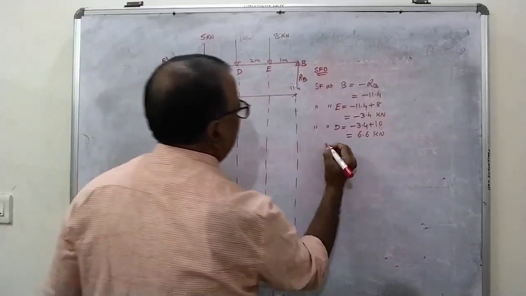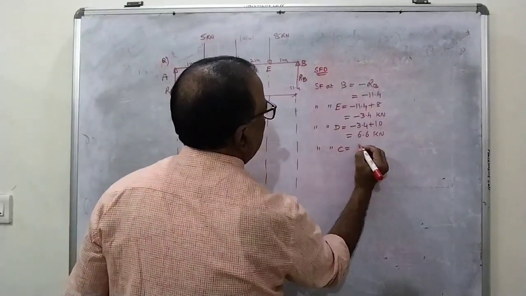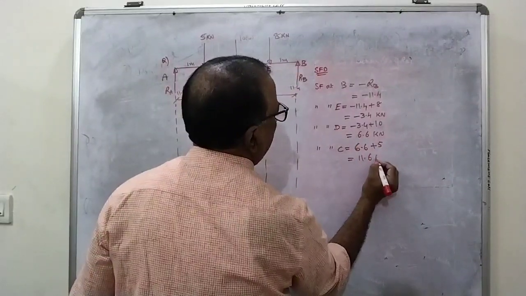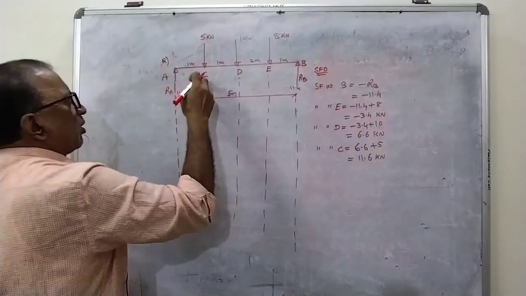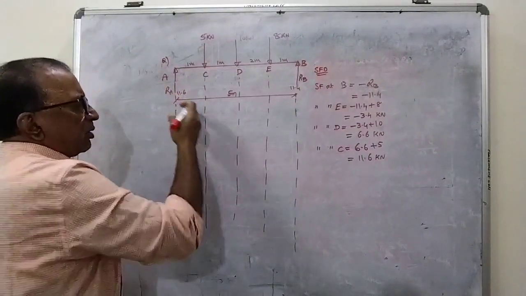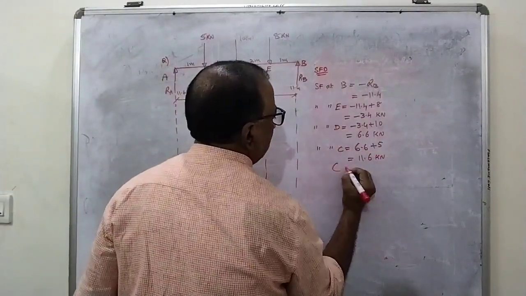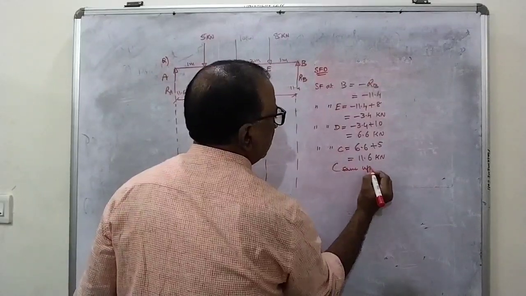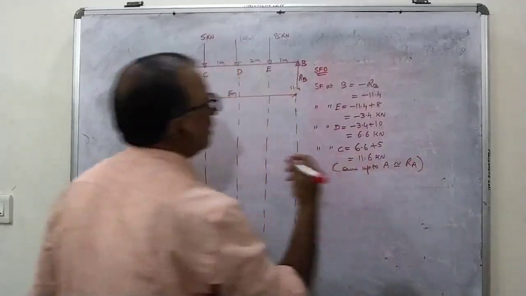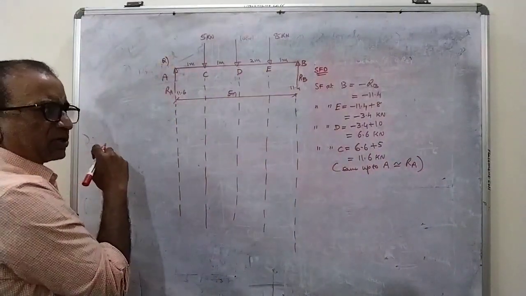Next, C, earlier value is 6.6 plus 5, it is coming around 11.6 kilonewtons. Is there any load up to A? No load. It remains constant up to A and automatically this should be equal to the same up to A, and its value is, already you got the RA value as 11.6.